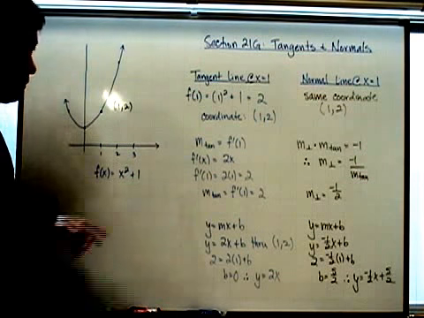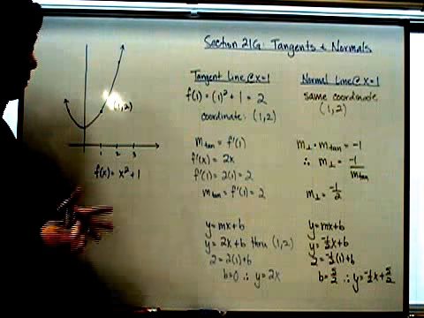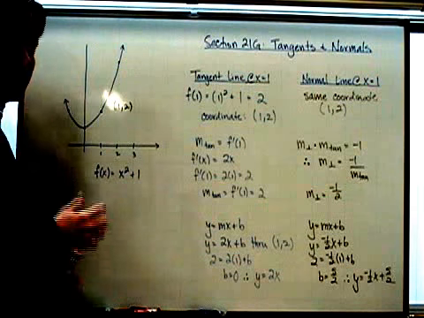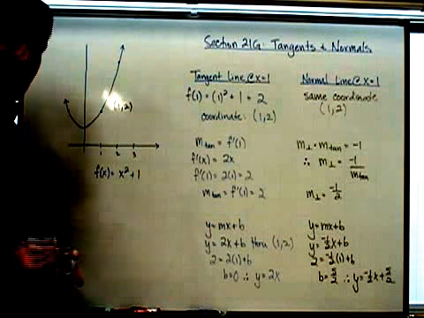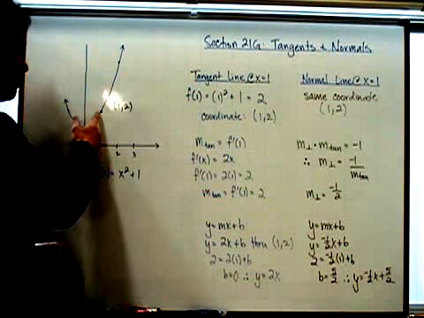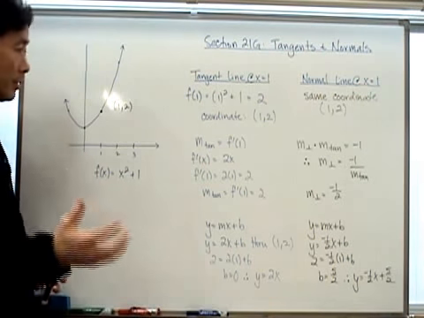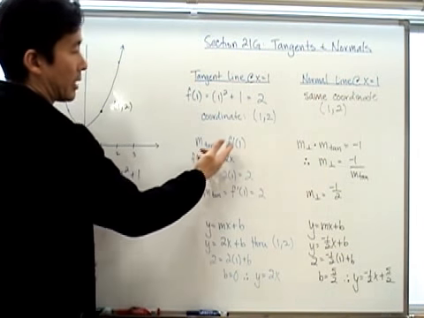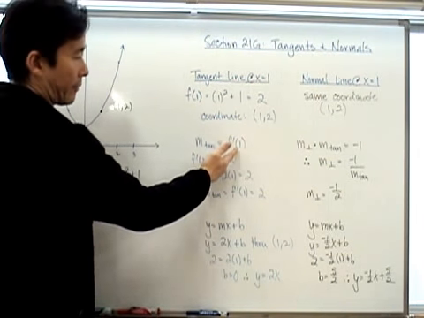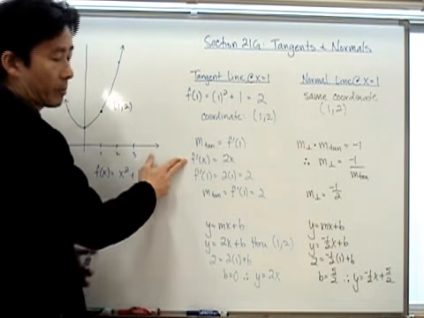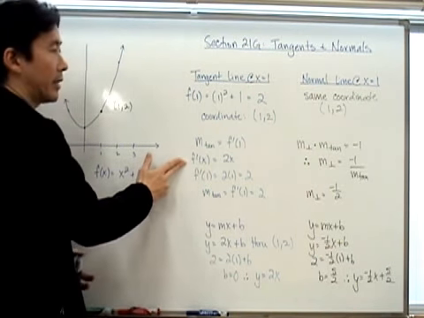Okay, now we need to find the slope. Of course, we've been working with the derivative, and so we know that the derivative is the instantaneous rate of change, or the slope of the tangent line at the point (1, 2). So to show that the slope of the tangent line is the derivative evaluated at x is equal to 1, I first determine what the derivative is, and we know how to do that.